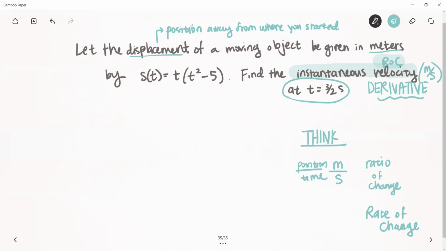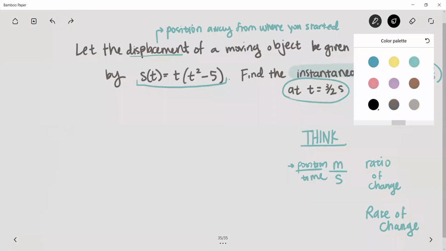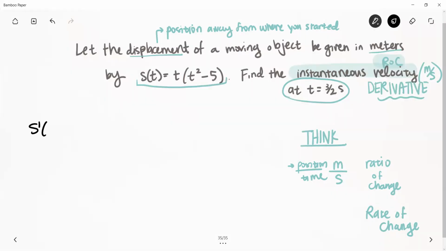And again, it's the rate of change of position, right? So I am taking the derivative of the only formula that I can possibly take the derivative of. So even if you weren't sure, you kind of only have one option. So I'm looking for S prime of t. Let's put our work in a different color. So I'm looking for S prime of t.